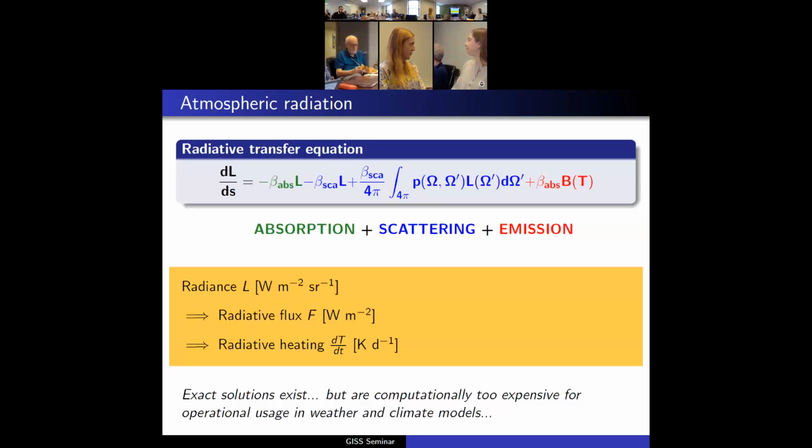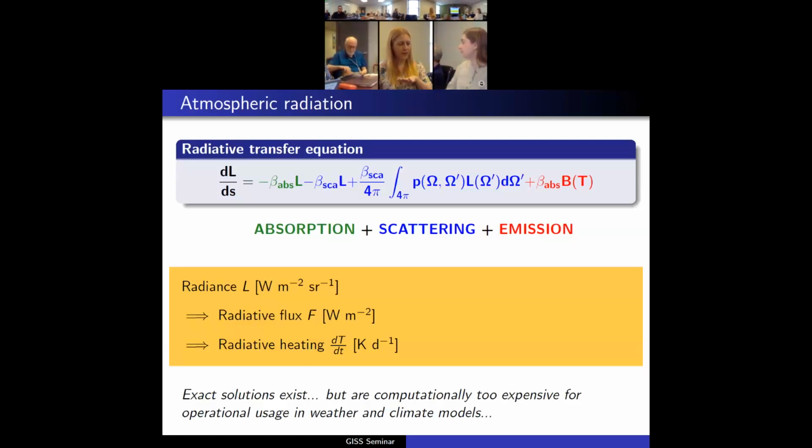So this is the radiative transfer equation, which describes all these basic processes: absorption, scattering, and emission. It's the equation for the primary radiation quantity called radiance, and from that we can easily derive radiative fluxes and radiative heating rates. These are the 2 quantities that a radiation scheme has to compute in a weather and climate model.